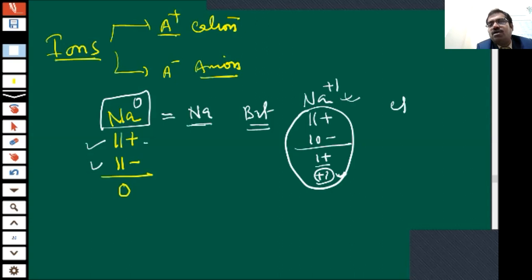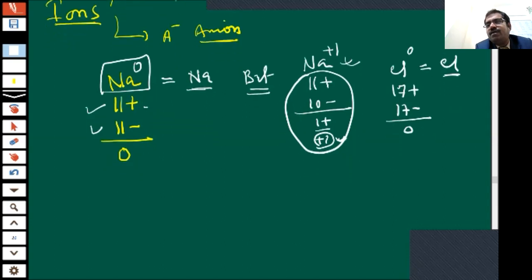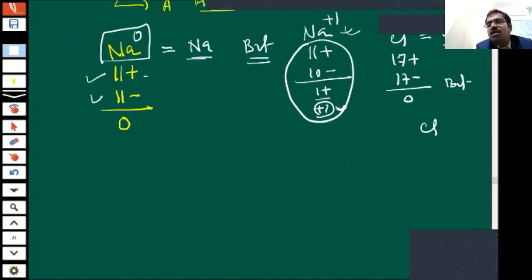Suppose chlorine is there. In that 17 plus is there and 17 minus is there. So altogether it is neutral, so we will write 0. But for sake of simplicity, we simply write Cl. It is understood that 0 is there. But suppose in Cl, 17 plus is there and it has gained 1 electron.